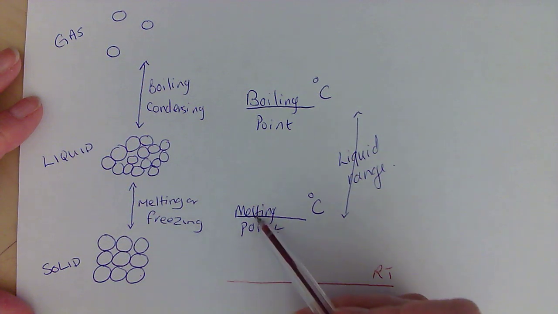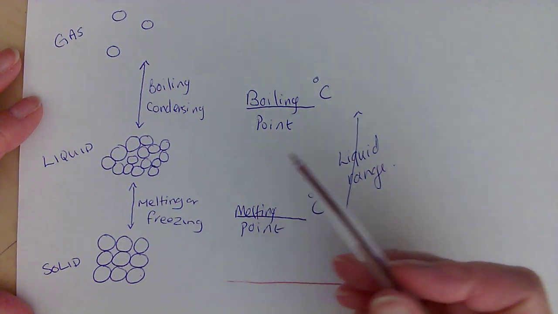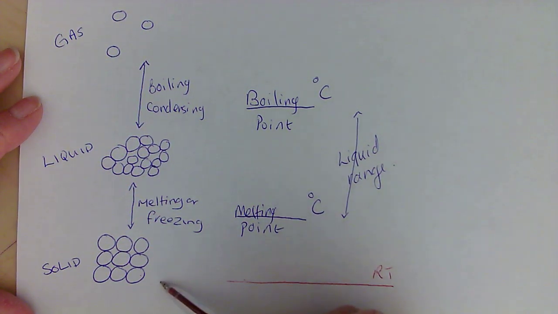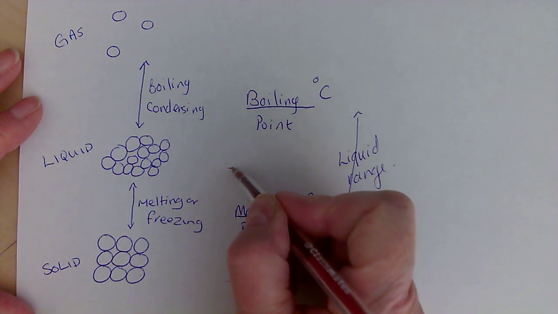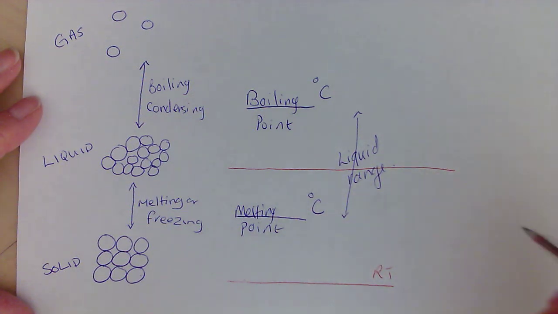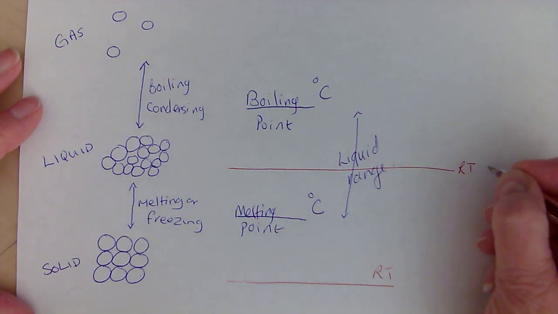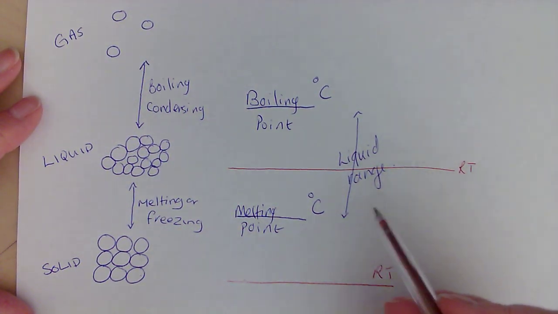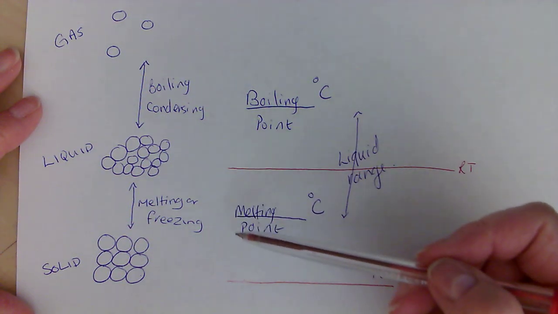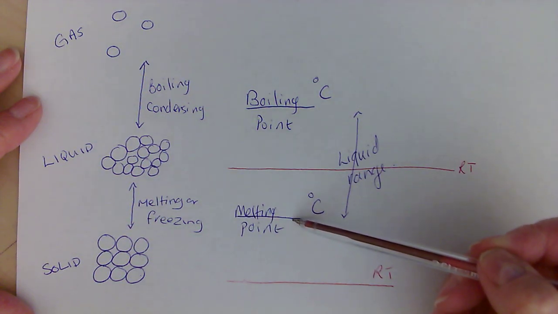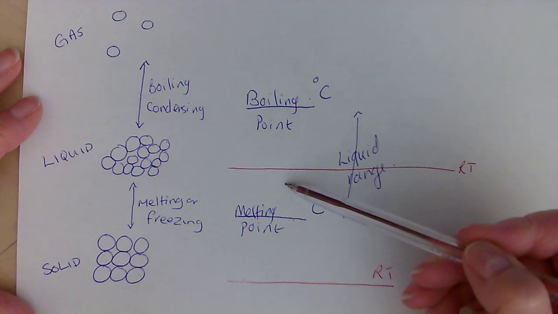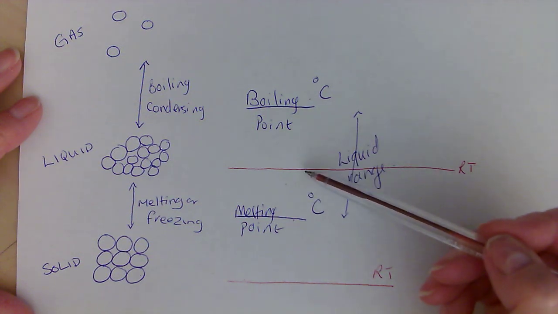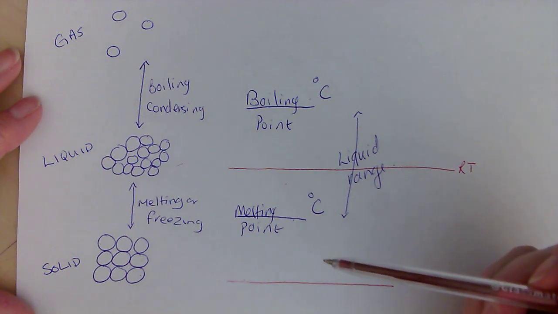So we can look and say, well, it doesn't melt until much higher, so it would be in the solid state. If our room temperature happened to be here, so this is a new room temperature, then we would have a look and say, oh well, our substance has already melted, it hasn't boiled yet, so it would be in the liquid range, so our substance would be a liquid.